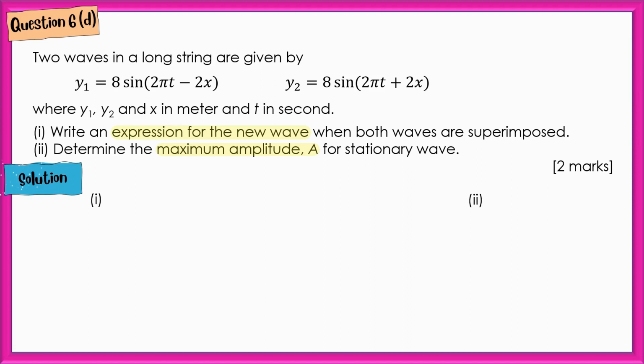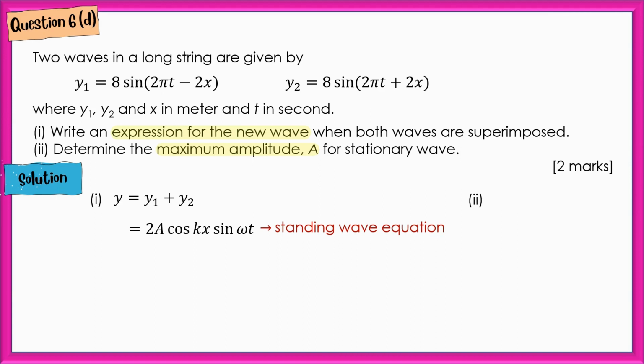For your information, when we have two progressive waves moving in the opposite direction and superimposed, they will produce the standing wave. The general equation for the standing wave is 2a cos kx sine omega t.